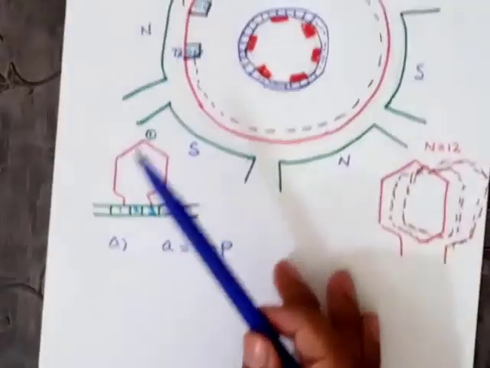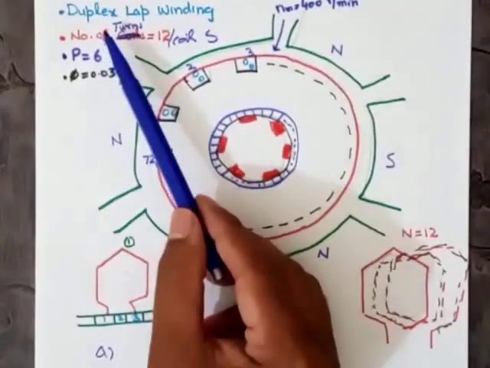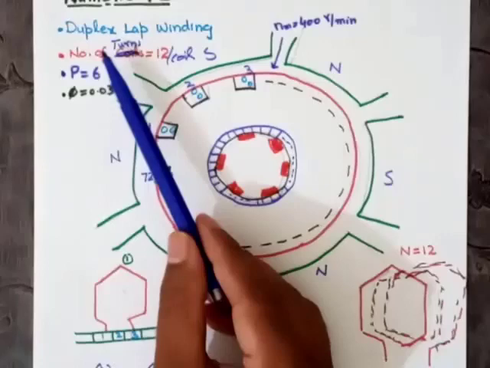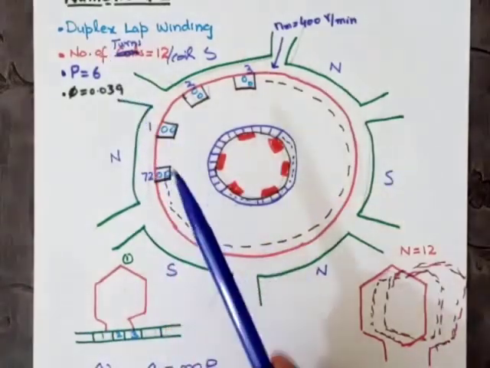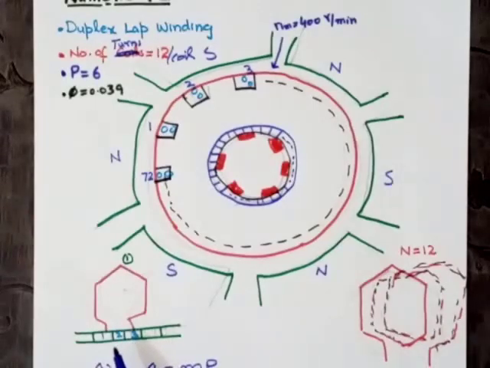In case of duplex lap winding, the difference between the commutator segments will be 2. If the starting end is connected across commutator segment 1, then the ending point will be connected across commutator segment number 3.